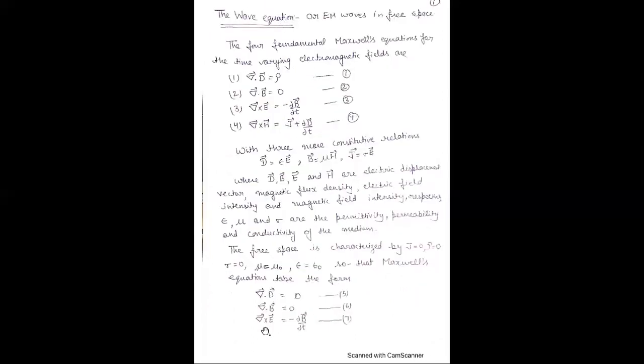Now for finding the wave equation for EM waves, taking the curl of equation 7 on both sides. Therefore, del cross of del cross E is equal to minus del cross ∂B/∂t, because minus is already in the equation.